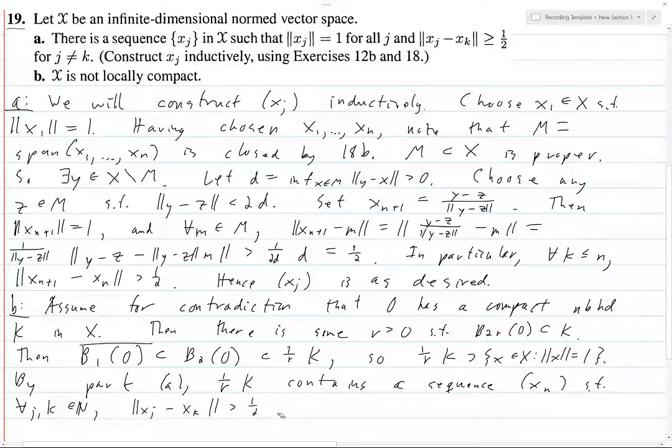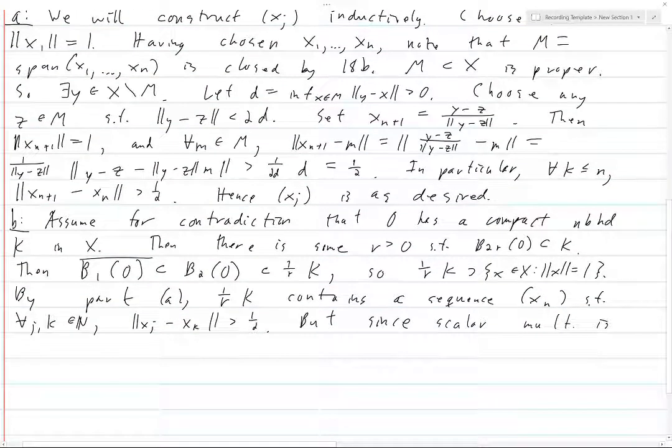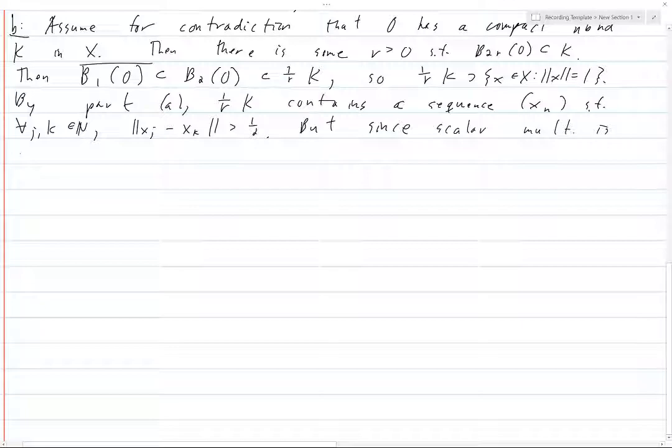Since scalar multiplication is continuous, 1 over rK is the image under a continuous map of a compact set, and thus is compact.